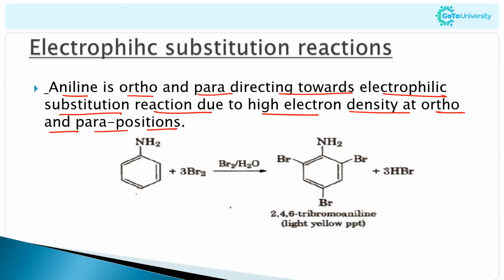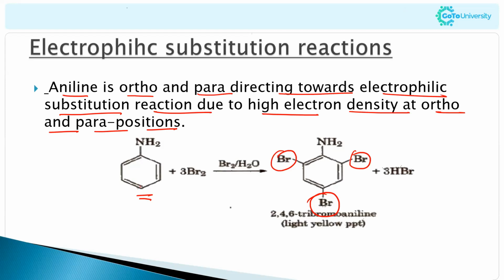So when you do this electrophilic substitution of aromatic amine, you get the products with bromine substituted at the ortho and para positions. Bromine is acting as an electrophile in this reaction medium, and this electrophile substitutes the hydrogen atoms present in the aromatic ring at the ortho and para positions.